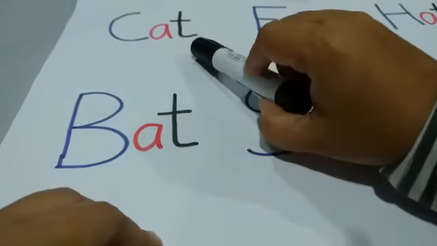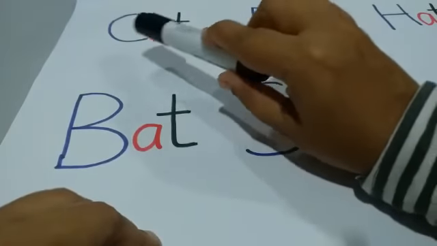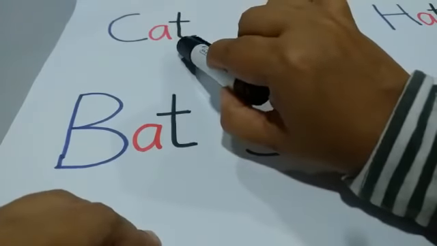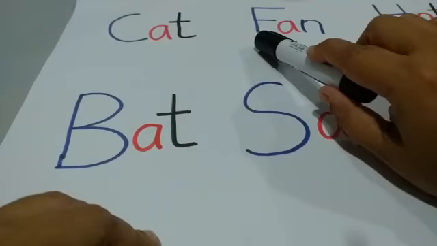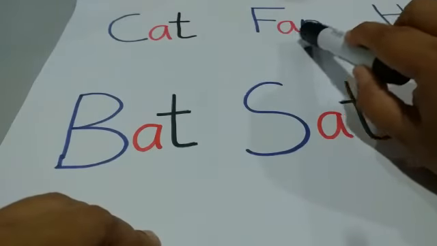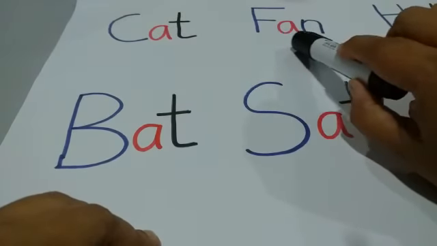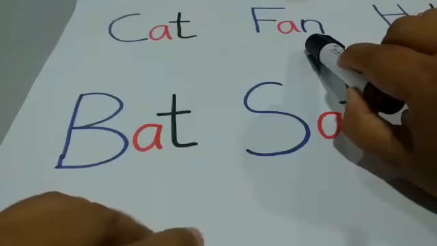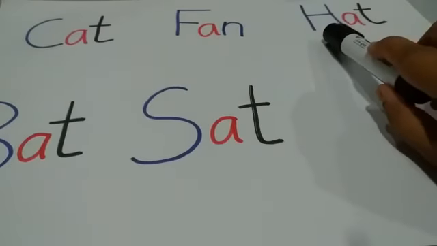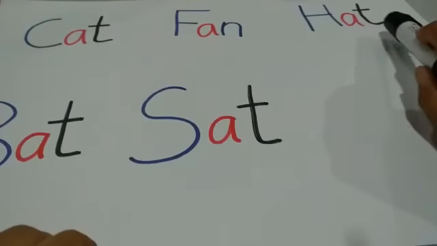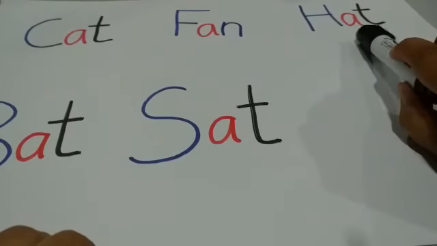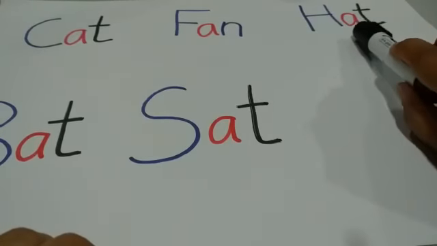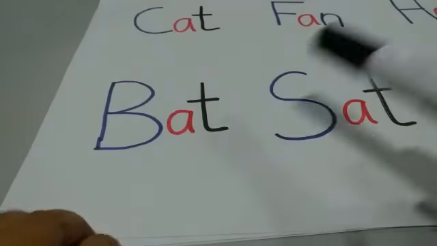Cat, cat. So, cat. Very good. Now, F and fan, fan. Okay, next one. HA is hat, hat. The next one.